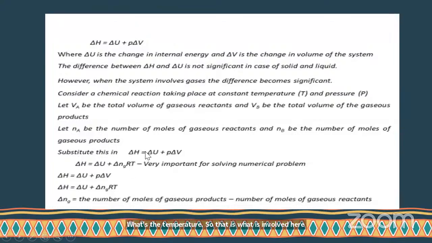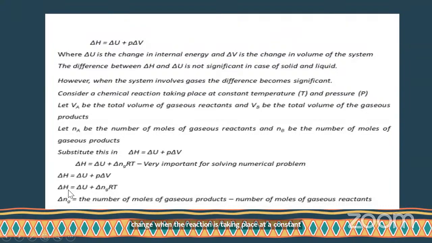So for these two equations, you have the change in enthalpy equal to the change in internal energy plus pressure times change in volume. This is the formula for the enthalpy change when the reaction is taking place at constant pressure.